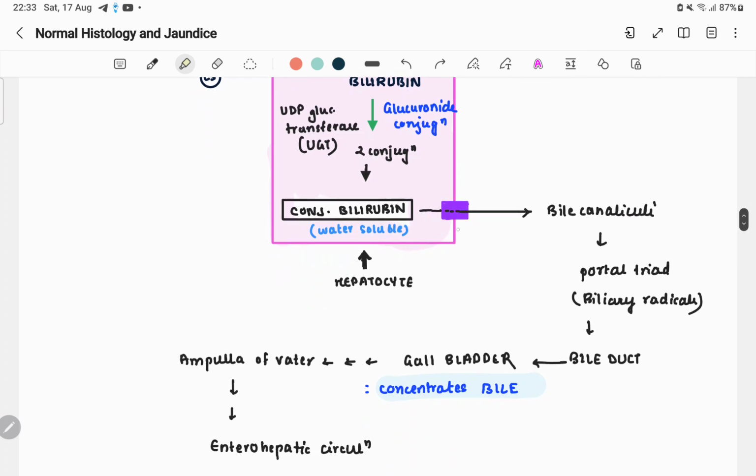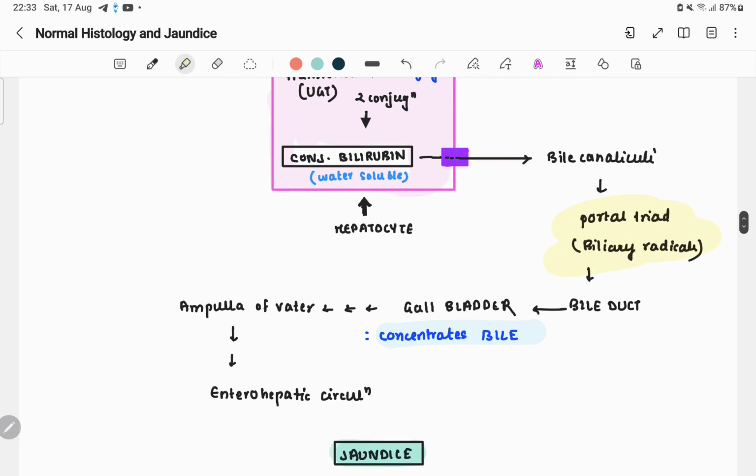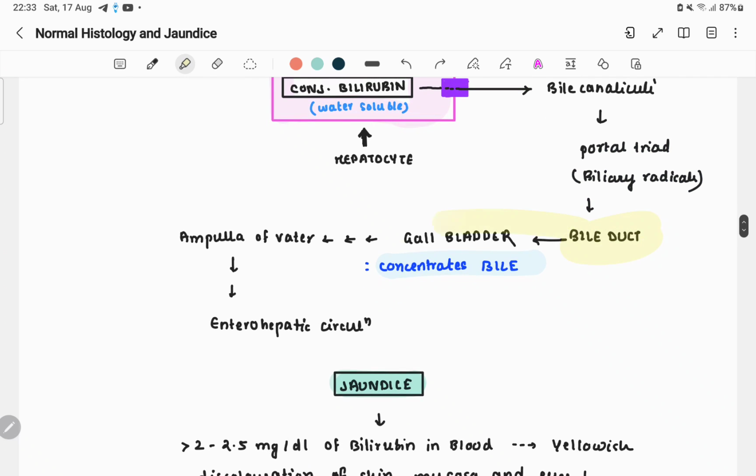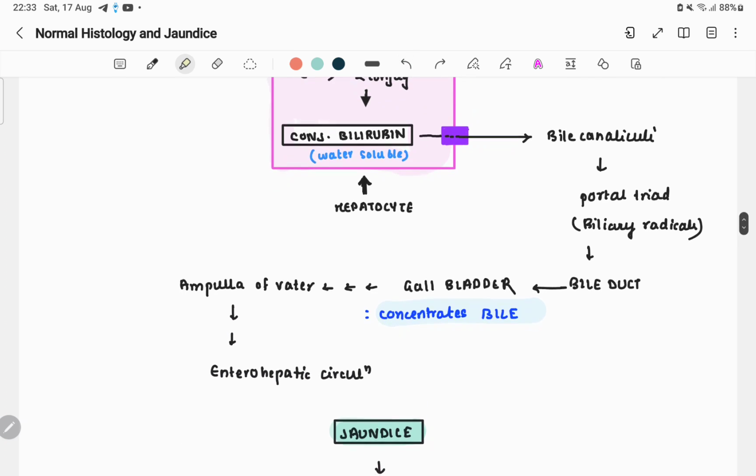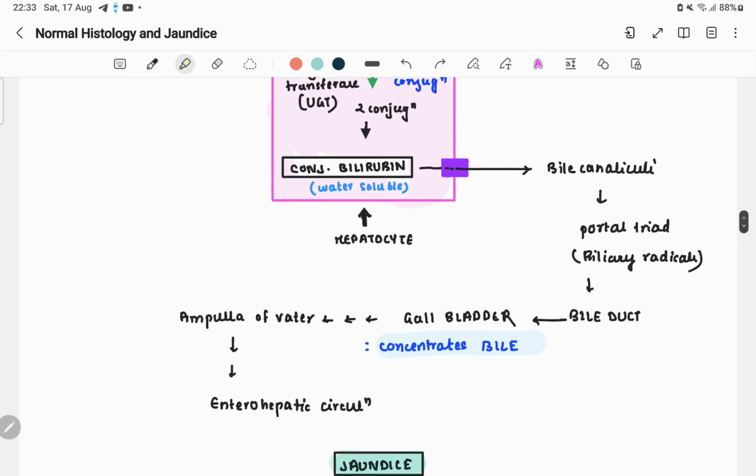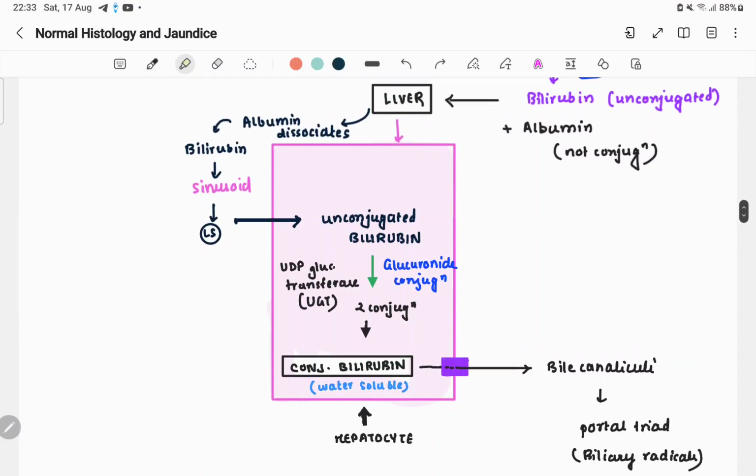No. It will require the help of a transporter to exit the hepatocyte and reach the bile canaliculi, from which it goes into the portal tract, the biliary radicle, bile duct, and gallbladder, and the gallbladder concentrates the bile. The bile moves to the ampulla of Vater, and it reaches the enterohepatic circulation. The enterohepatic circulation of bile helps in digestion, right?